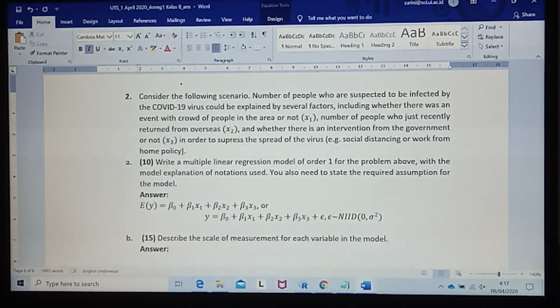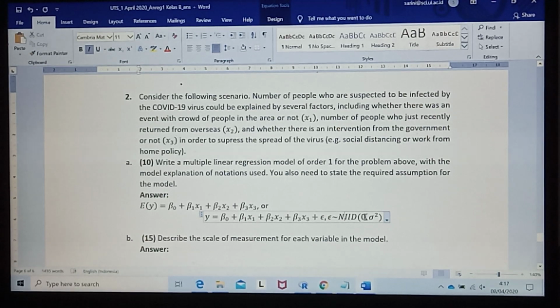So the assumption is that the error follows a normal distribution, the mean of the error is 0, the variance of the error is constant at sigma squared, and errors are independent. Beta naught, beta 1, beta 2, beta 3 are the regression coefficients.